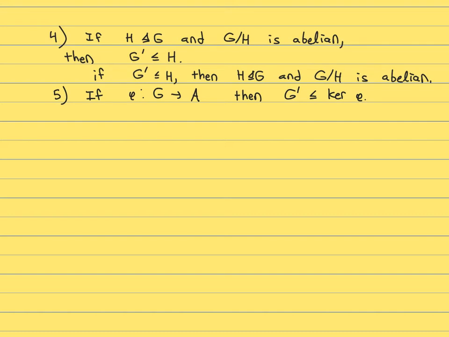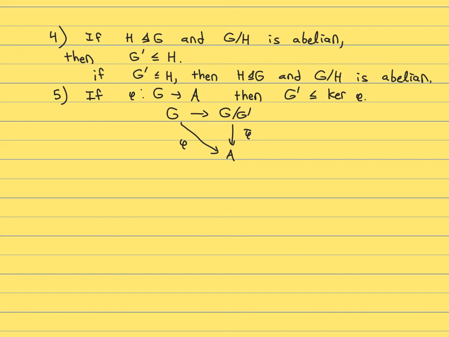Moreover, you should be able to set up a diagram like this, which basically means you can create another homomorphism from G mod G prime to A, such that you get the correct compositions to work. And the book points out 5 is just another way to state 4, but I'll state why that is true.